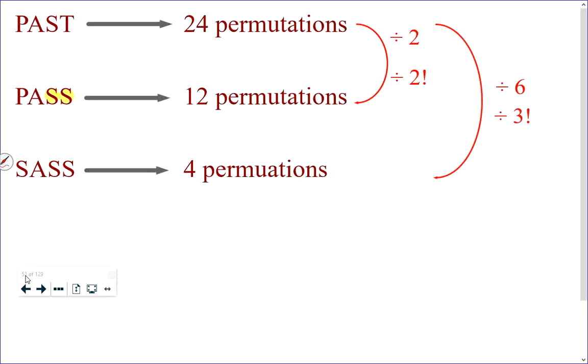There are 2 items that are identical in the word PASS, and that's why you take the normal number of arrangements, 4 factorial, and you divide by 2 factorial. But it turns out if you have 3 identical letters, then you take the normal number of arrangements, 4 factorial or 4P4, and you divide by 3 factorial. And that's the new thing today. That's what we've learned today. Now we just have to put it into practice with a few examples.